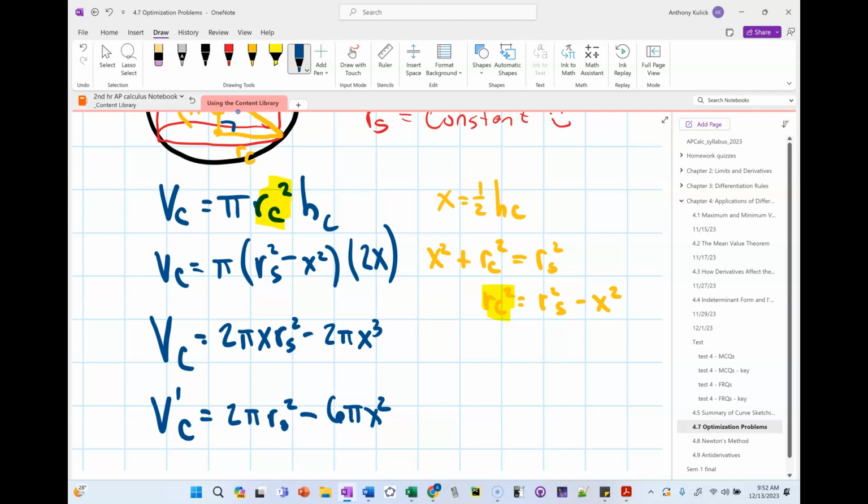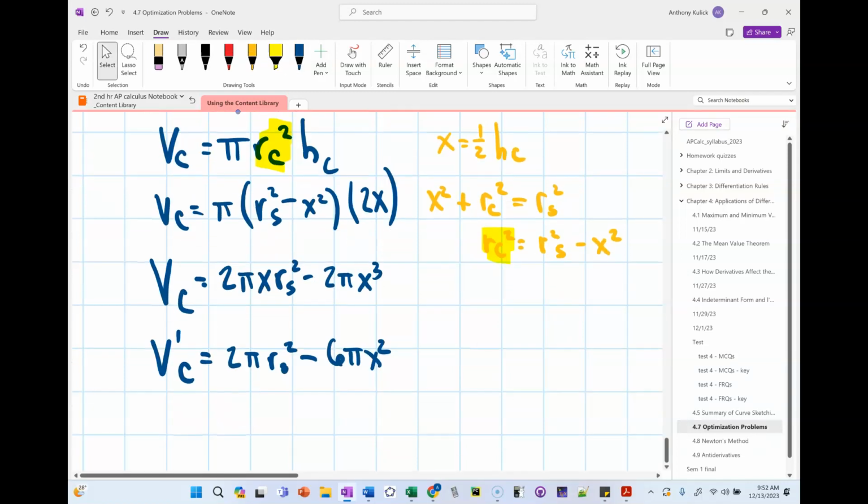Now I'm going to perform a first or second derivative test. So I'm going to search for some critical values with my first derivative, because if I'm looking for a maximum or minimum volume, in this case maximum, that's going to be where the derivative of volume is equal to 0.